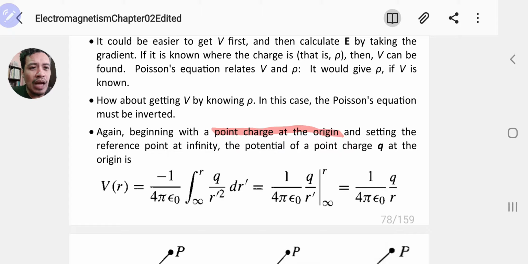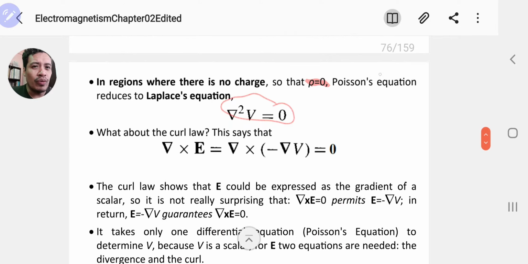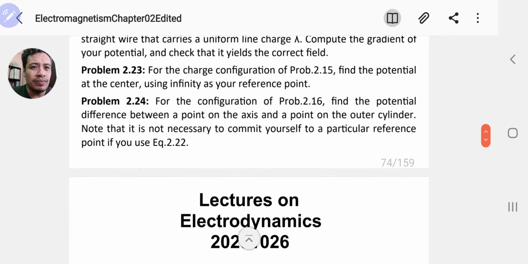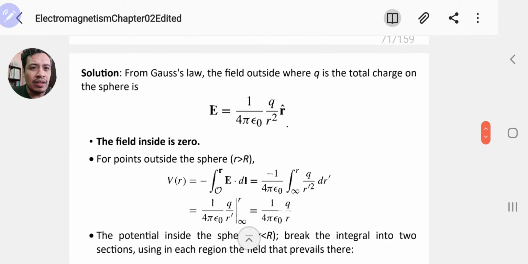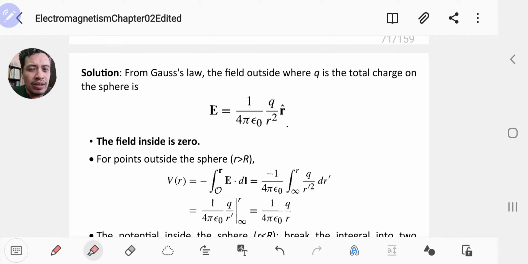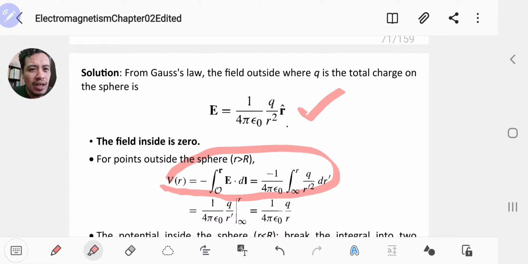This equation actually came from this one right here, which is our basis of the potential. The electric field of a charge is given by this one, and then you put the E inside here.